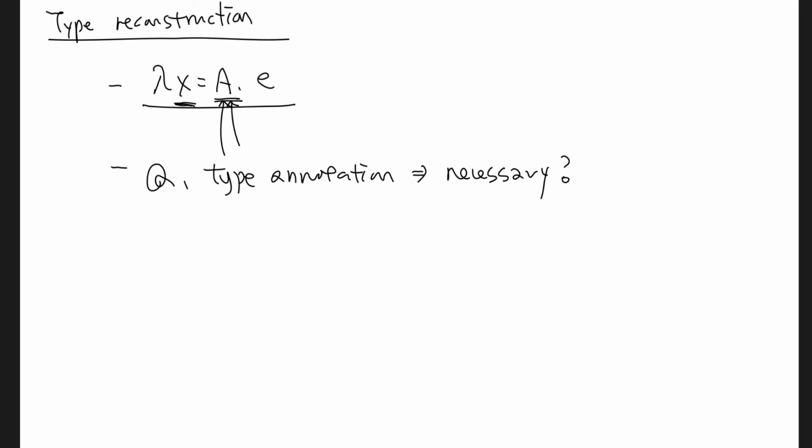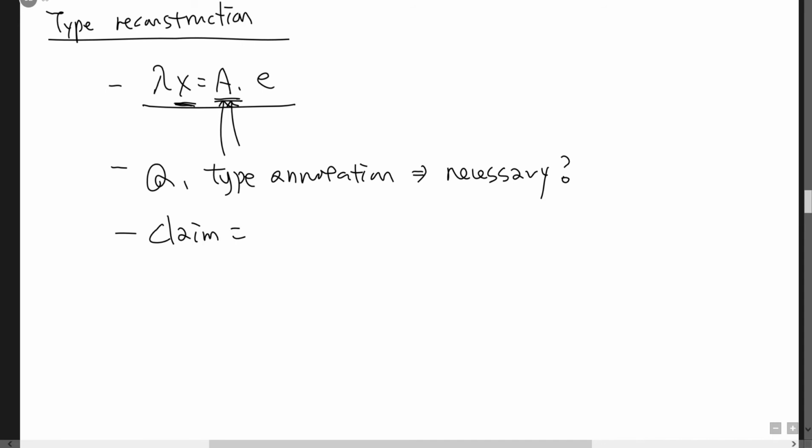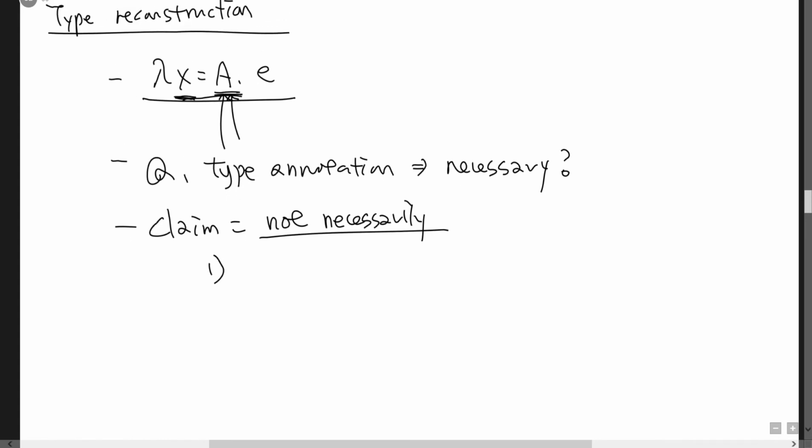Why is that? So the claim is, not necessarily. It's not necessarily a good idea to write this type annotation. And the first reason is it actually hurts code readability in some cases.